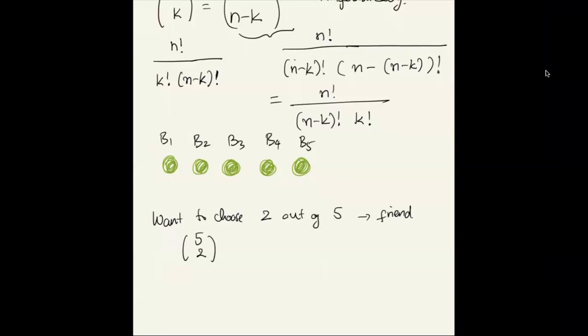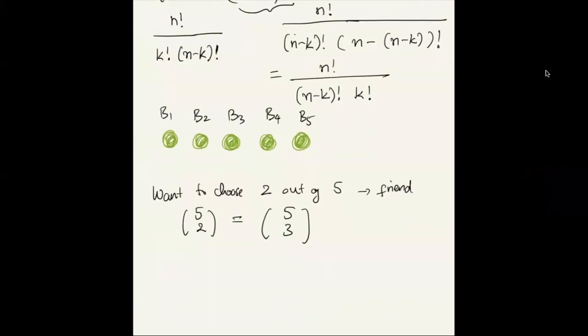So these 2 processes are equivalent. Therefore, the number of ways to choose 2 out of 5 to give to your friend is the same as choosing 3 out of 5 to not give to your friend.